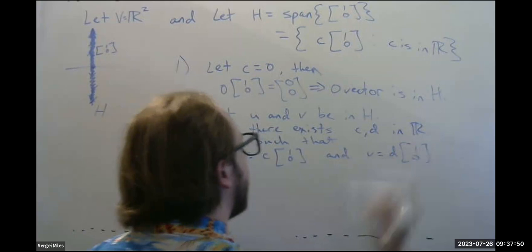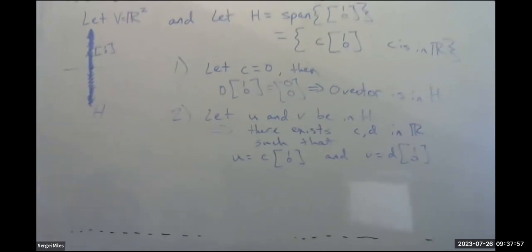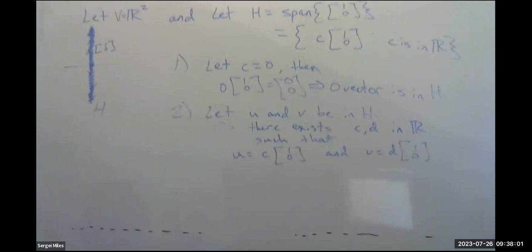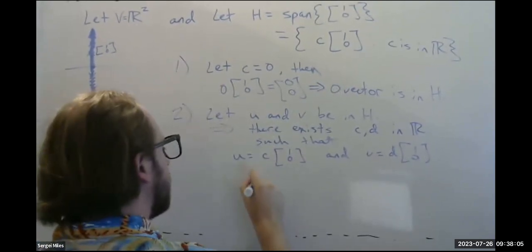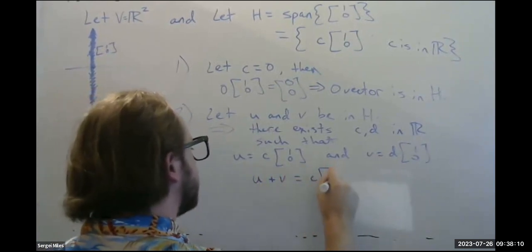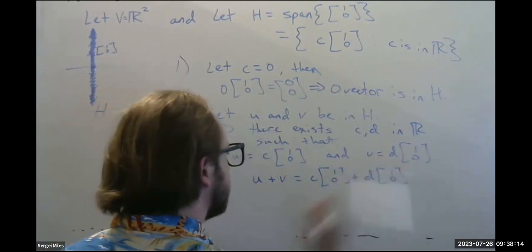In other words, the fact that they're in H means u and v are both in the span of (1, 0), which means they are both a combination of (1, 0). Okay, but now what happens when I add them together? Well, u plus v is going to equal c times (1, 0) plus d times (1, 0).